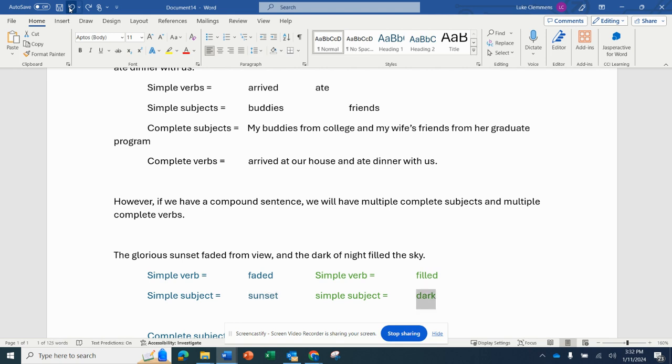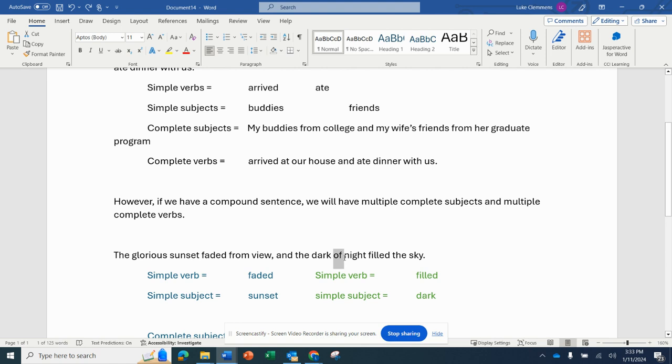Okay, now just remember, it seems like people, when I ask about this side over here, and I say, hey, what's the subject over here? People either say dark or else they want to say night. But I want to remind you, okay, that night cannot be the subject. Why? Because it is the object of the preposition of.